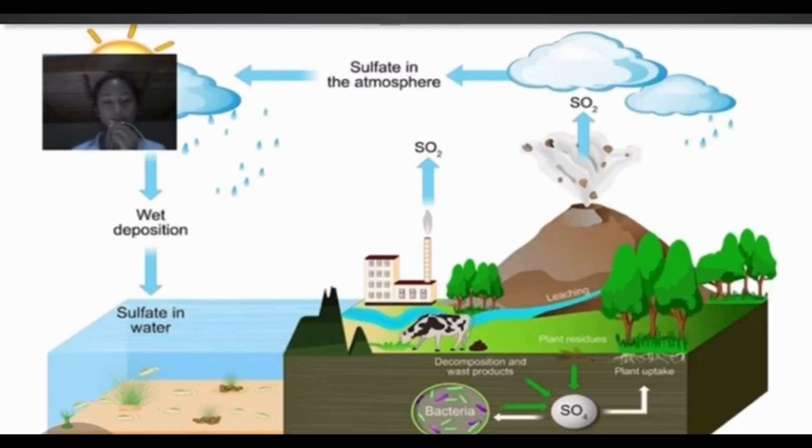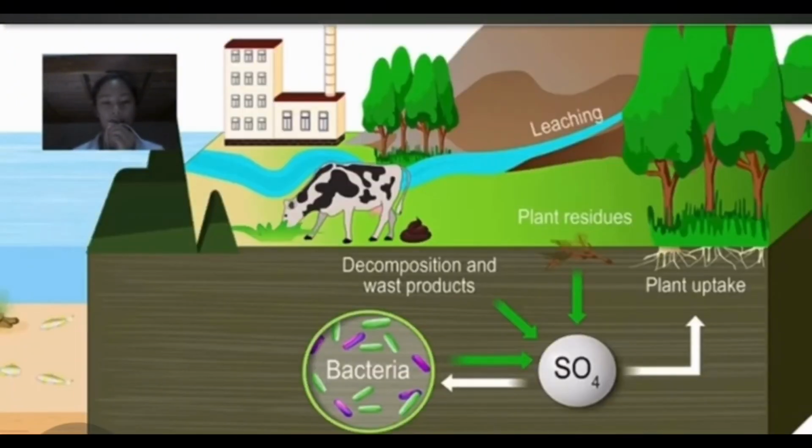To continue on explaining this cycle, which is the sulfur cycle: as animals decay, they release sulfate salts into hydrogen sulfide. As you can see, there is bacteria.